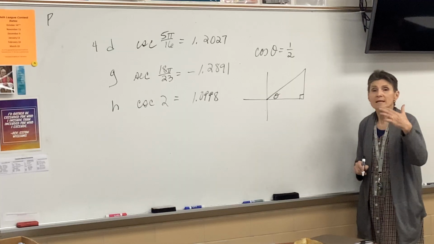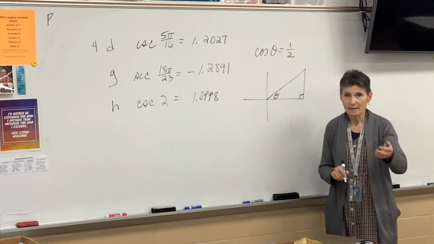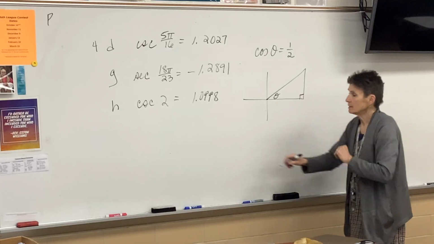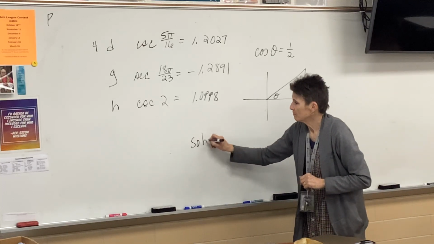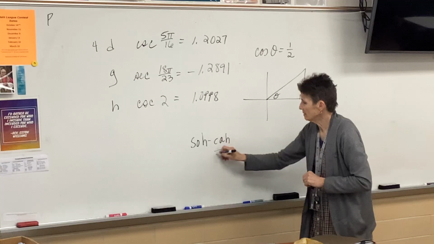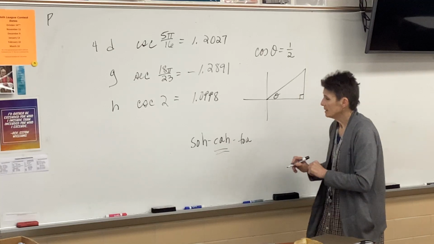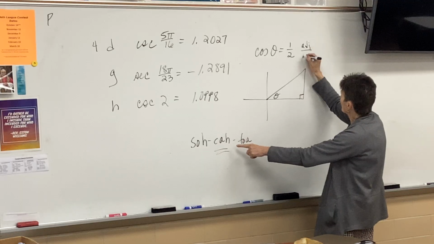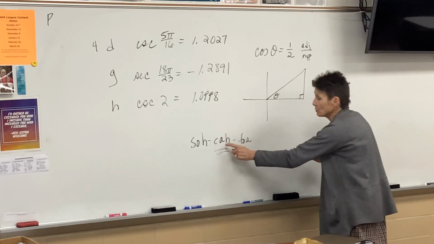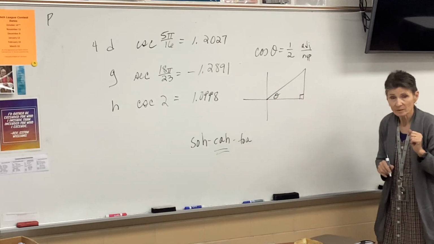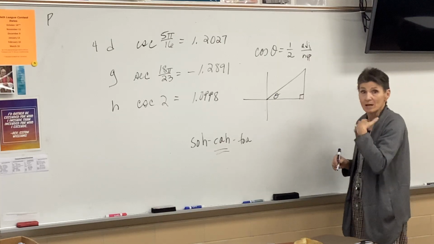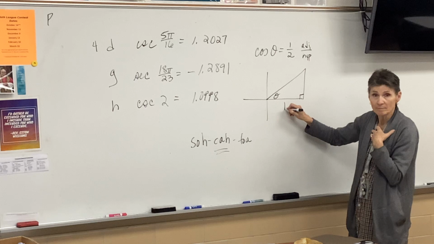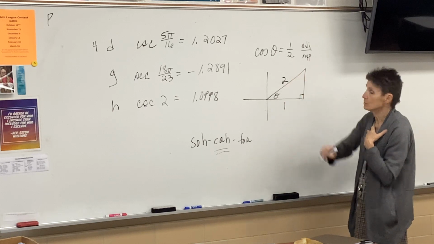Now, what do I know about my triangle? Well, remember, cosine is adjacent over hypotenuse. So I know that my adjacent side is 1 and my hypotenuse is 2.